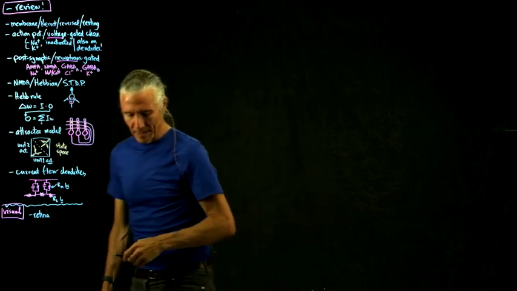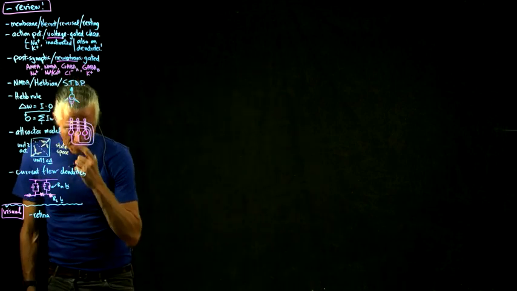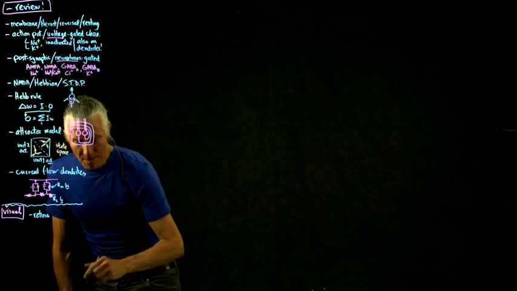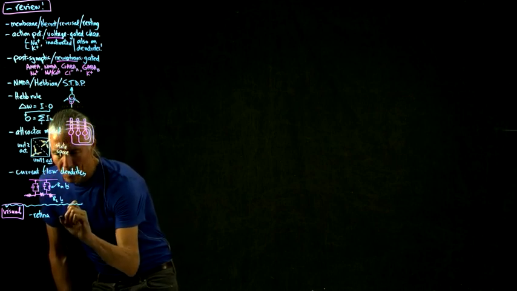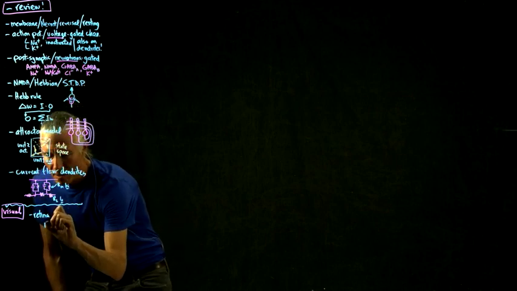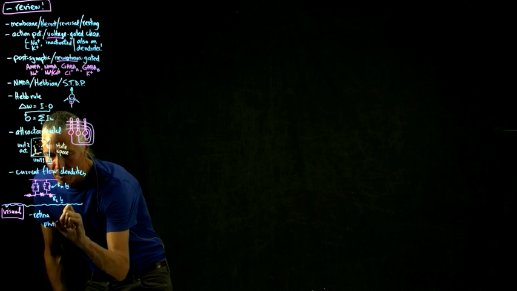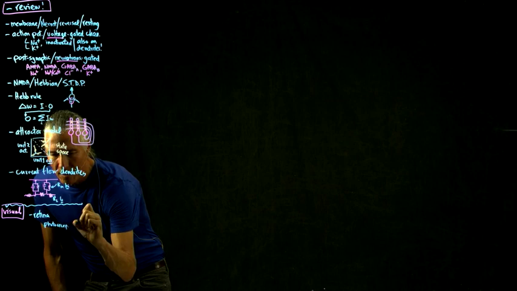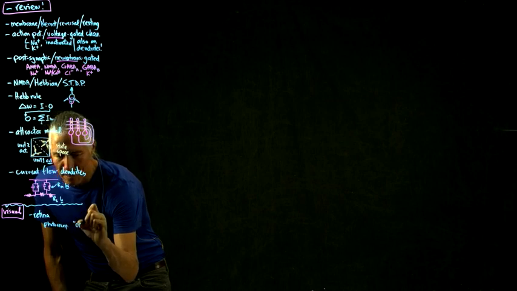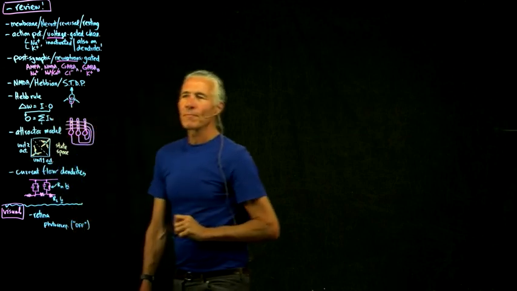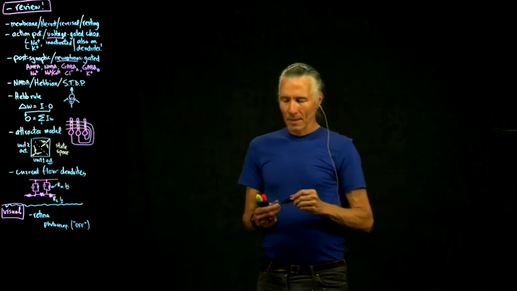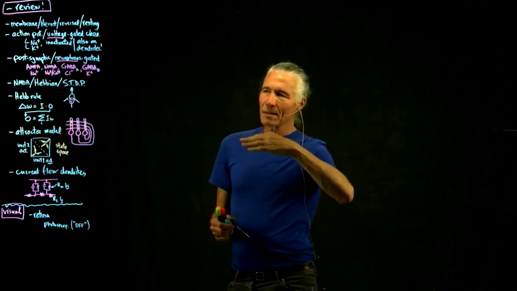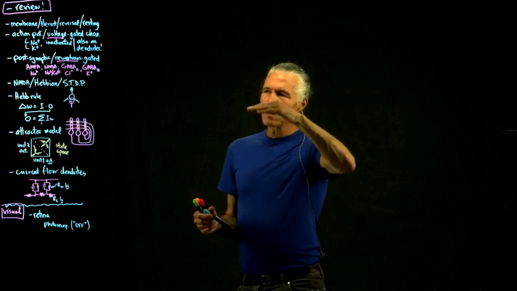And so you basically start off with the photoreceptors. And the photoreceptors are all off, in the sense that if you turn the light on, they get hyperpolarized. So if the light is off, they're slightly depolarized.